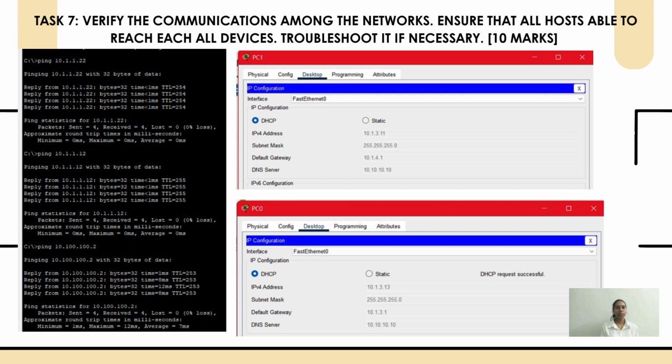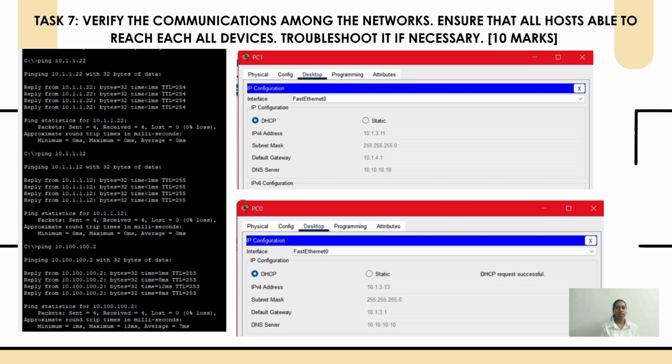Importantly, the successful ping to 10.100.100.2 on a different subnet confirms our routing is functioning correctly. Examining the ICT router's IP configuration reveals its address, which is 10.1.1.1, the subnet mask, its role as the default gateway, and the correct DNS server, which is 10.10.10.10.